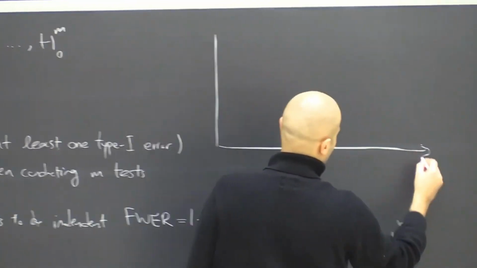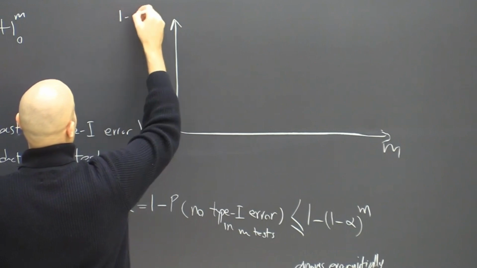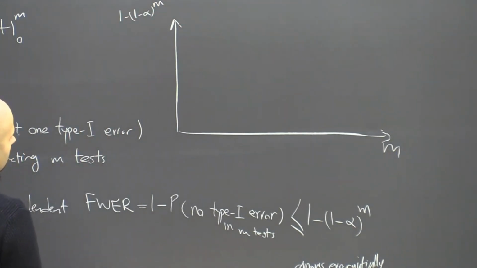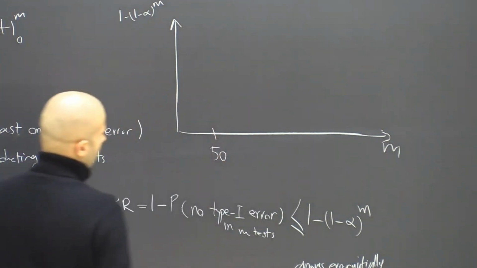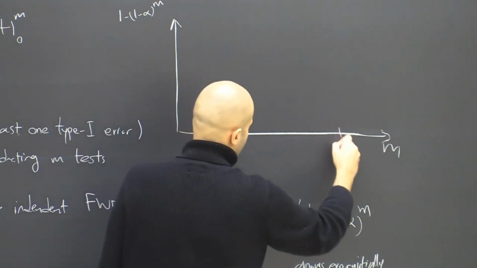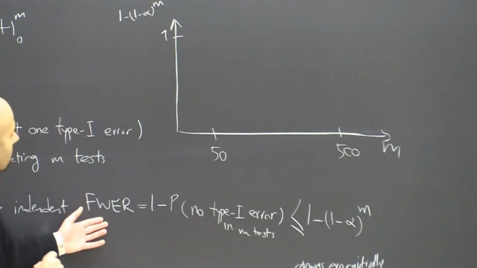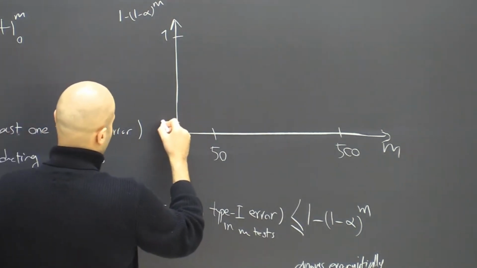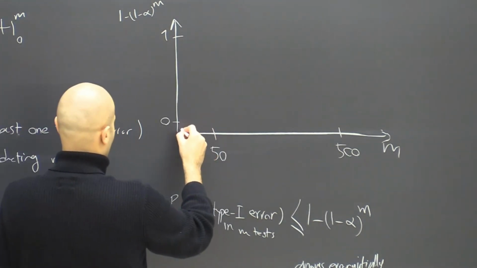So if we plot 1 minus alpha to the power of m, well, if this error becomes larger than 5%, it's already a concern for us. But the thing is, not only does it become 5%, it becomes much larger.